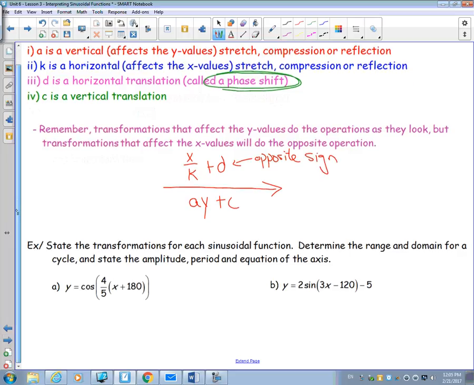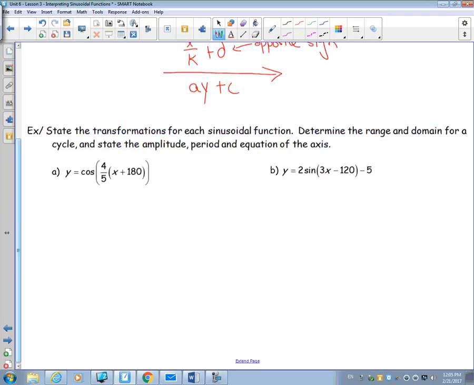Okay, so we'll try some examples, just to remind us of how this works. For each of these functions, we're going to state the transformations. So k, d. K is 4/5, which sounds like I should be making something smaller. But when we divide by 4/5, it's actually the same as taking 5/4.